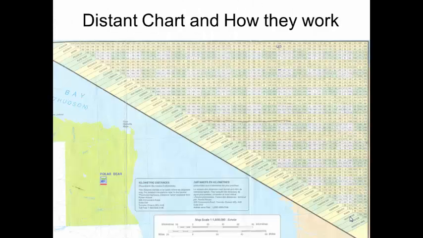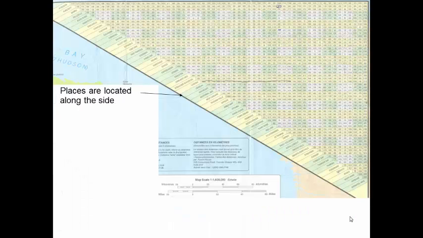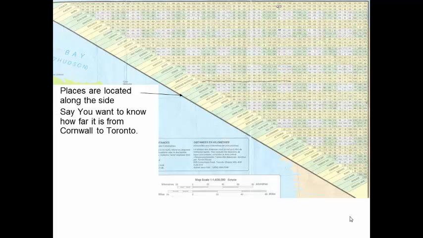Now this is the distance flow chart. How the distance chart works is very, very simple. You will notice that the places are located along the side. These places are located in alphabetical order. So let's say you want to know how far it is from Cornwall to Toronto. Well, it doesn't matter which one you do. You could choose Cornwall first, you could choose Toronto first. It just doesn't matter which place you want to start at.